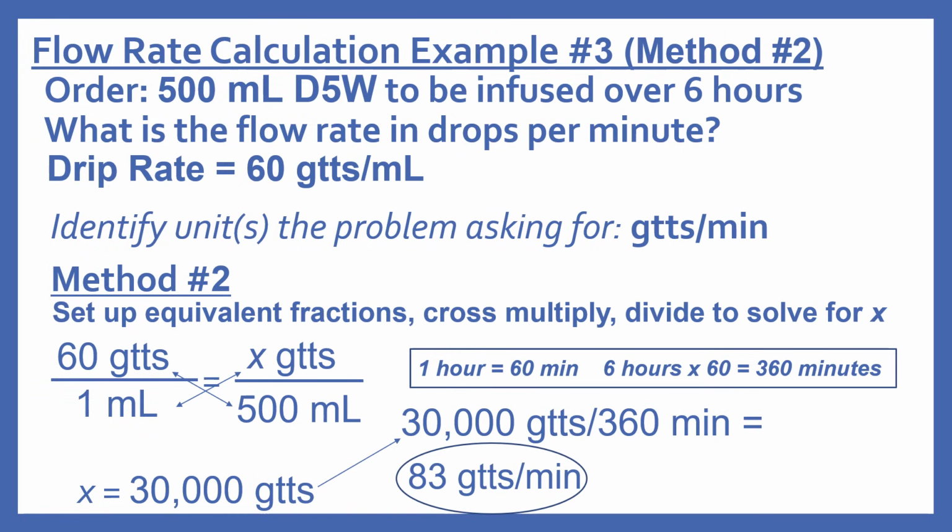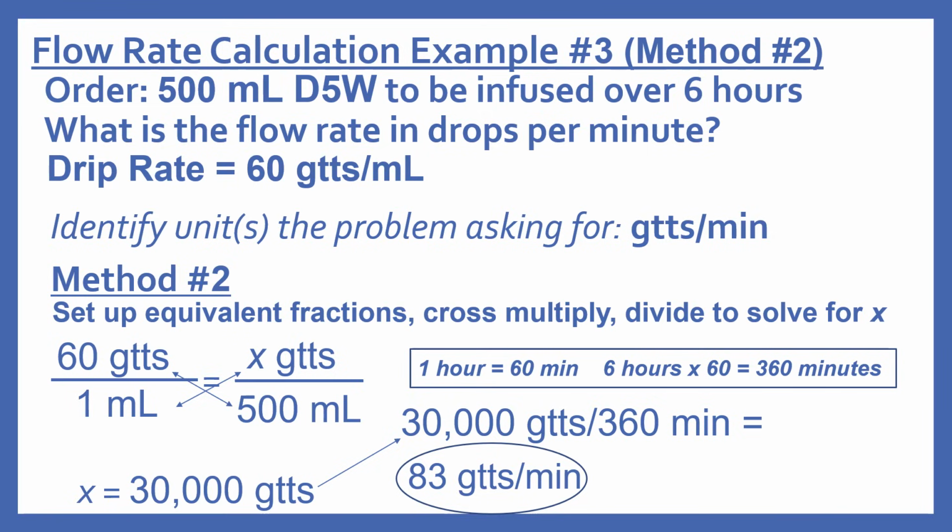Okay, now we'll look at example number 3 with method number 2. Our order is 500 milliliters of D5W to be infused over 6 hours. What is the flow rate in drops per minute? And our drip rate is 60 drops per milliliter. So if we identify our units, we're looking for drops per minute.